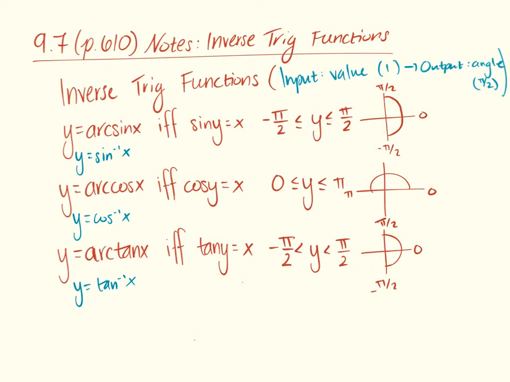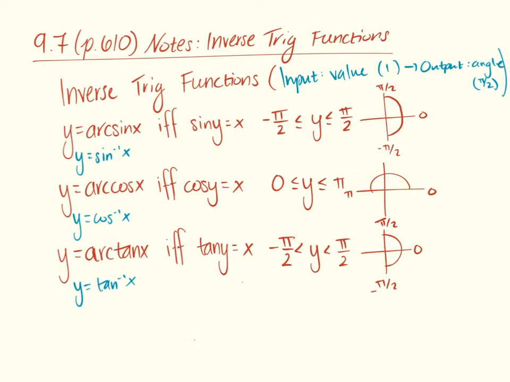So the definitions are y is equal to arcsine of x, so you're going to give a function value, get an angle out, if and only if sine of that angle is equal to that function value, okay? So that's important. So it only works if the same angle gives you that correct function value. Now, the slight hiccup is where your output can be.